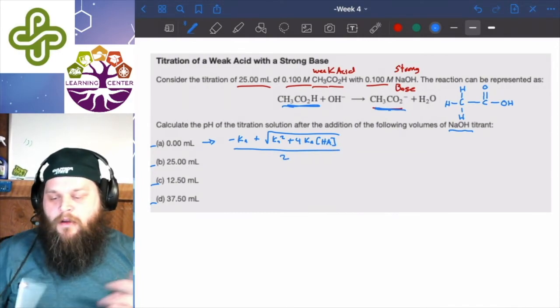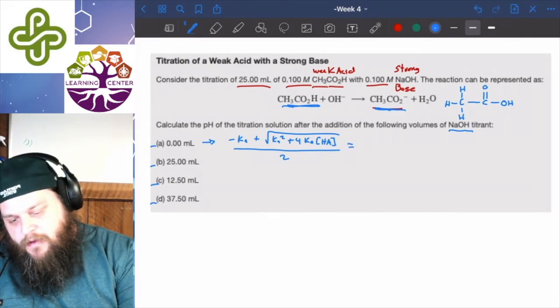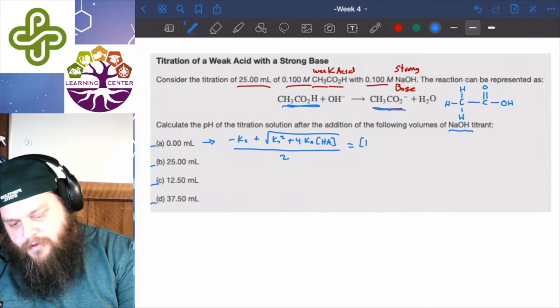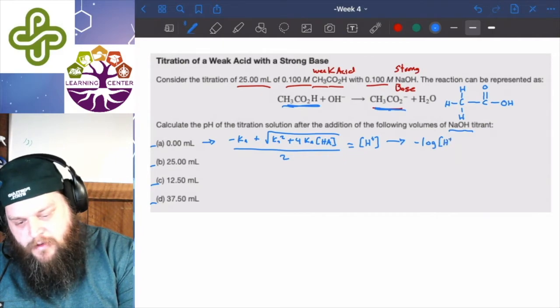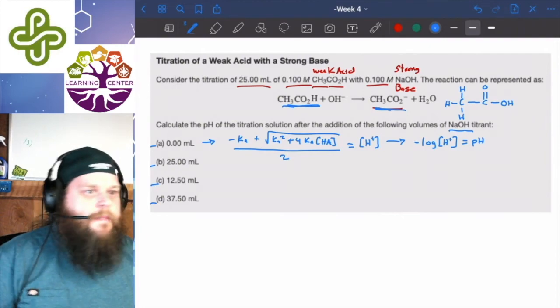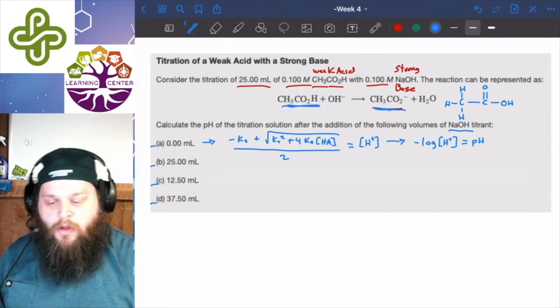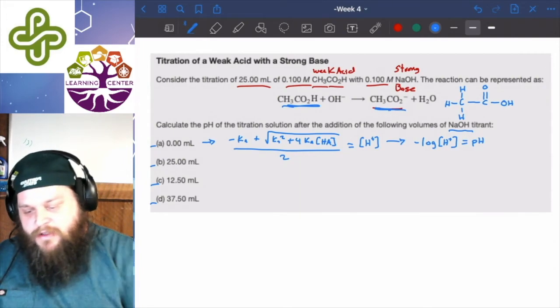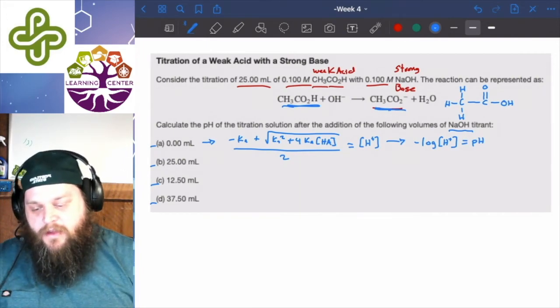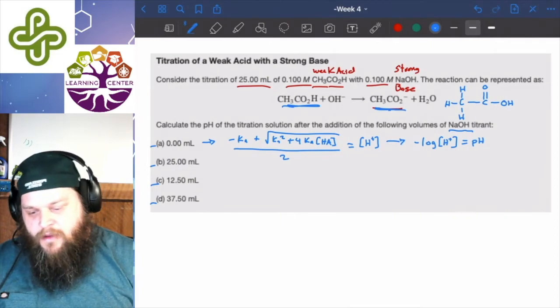That's going to equal the concentration of H+. And using that, we can then take the negative log of that concentration, which will tell us the pH. I'm running out of time here, so I'm not going to go through all of the number crunching for that, just because I want to make sure we talk about specifically how to find the other ones.